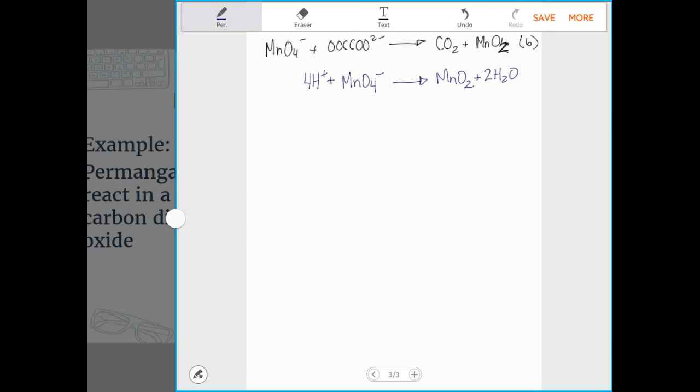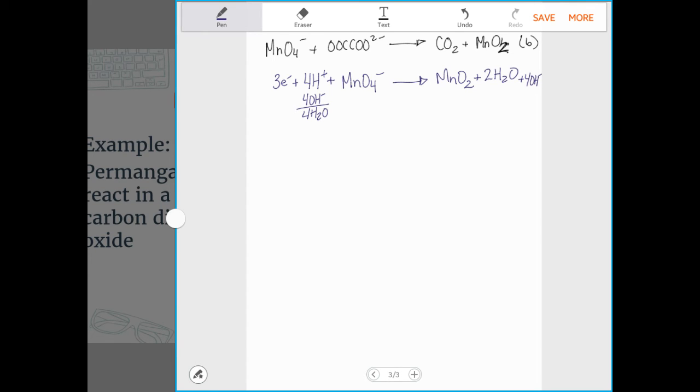Now because I'm in a basic solution, I first should add my electrons to ensure I'm balanced on both sides, which means I have a 0 net charge on this side. I have a positive 3 net charge on this side, which means I need to add 3 electrons. I then add 4 hydroxides, which turn these into 4 waters, and I need to add 4 hydroxides to the other side.